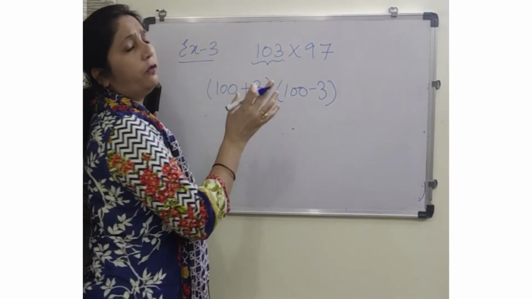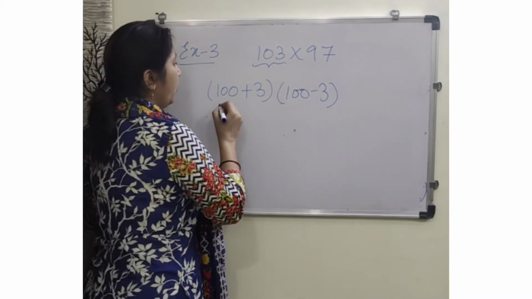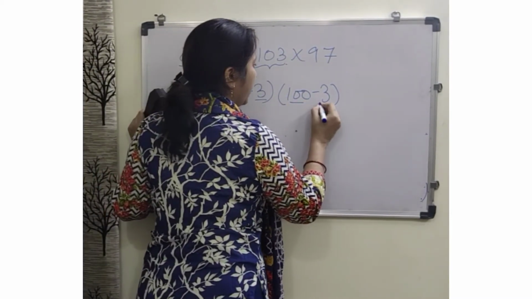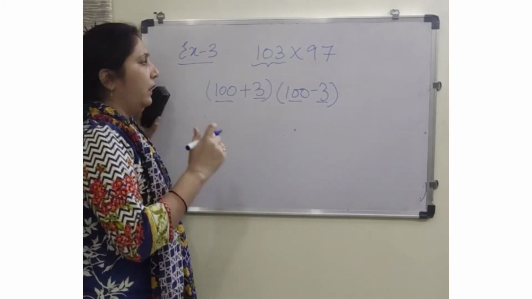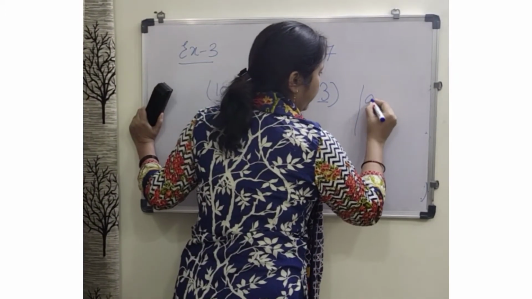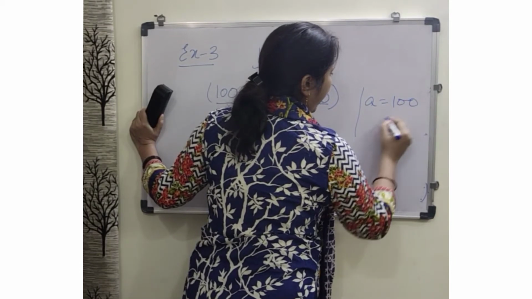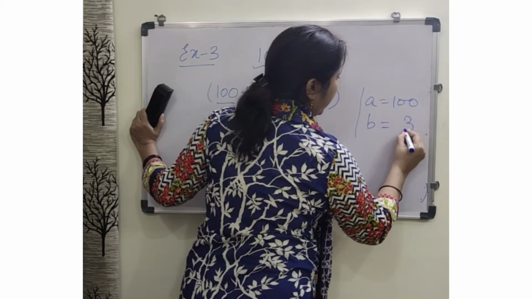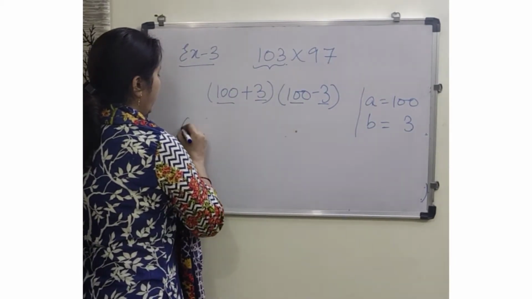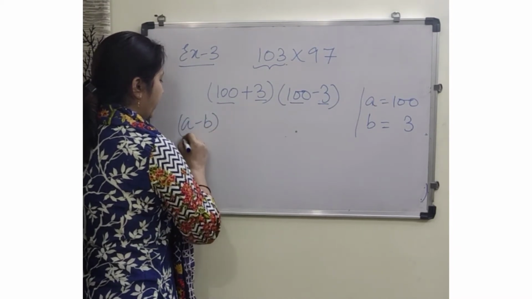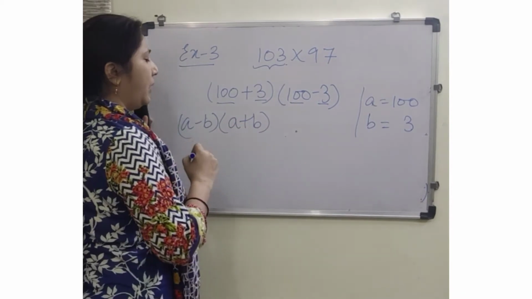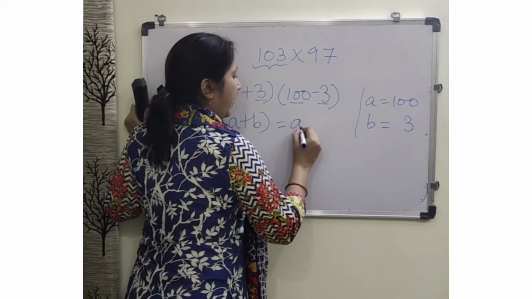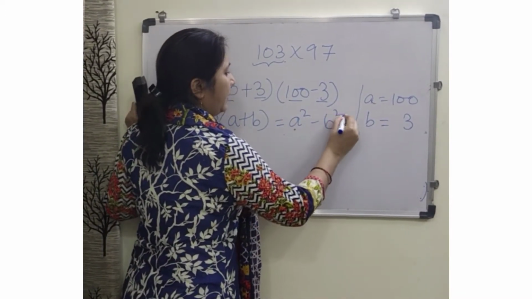Now the reverse form of the identity. So in the two brackets the terms are the same, the only difference is of sign. So your A becomes 100 and your B becomes 3. So according to the identity, now we will write the reverse form of the identity. (A minus B) into (A plus B) is equal to A square minus B square.